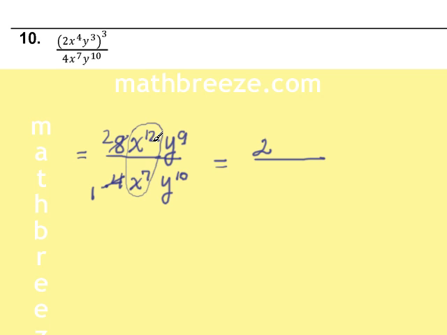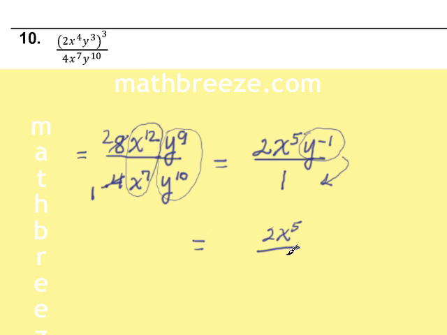Let's subtract 12 minus 7, and we have an exponent of 5, x to the 5. And here, again, let's subtract 9 minus 10, and we have negative 1, y to the negative 1. And I'll just put a 1 in the denominator. And now I'm going to take this y to the negative 1 and bring it down to the denominator as y to the 1, or just y.